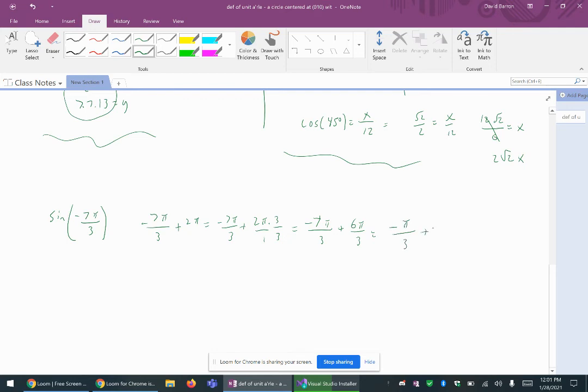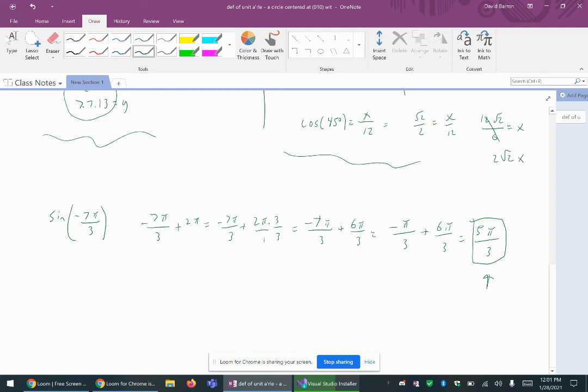This is still not on the unit circle, so I'm going to keep adding 2 pi, and we get 5 pi over 3. So now that I have an angle that is on the unit circle, I could go about just writing down, in this case, the y coordinate of that, and then that would be the final answer for this problem.